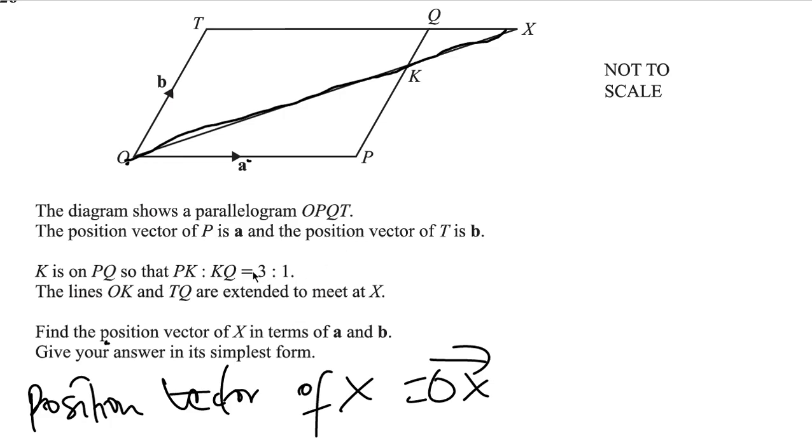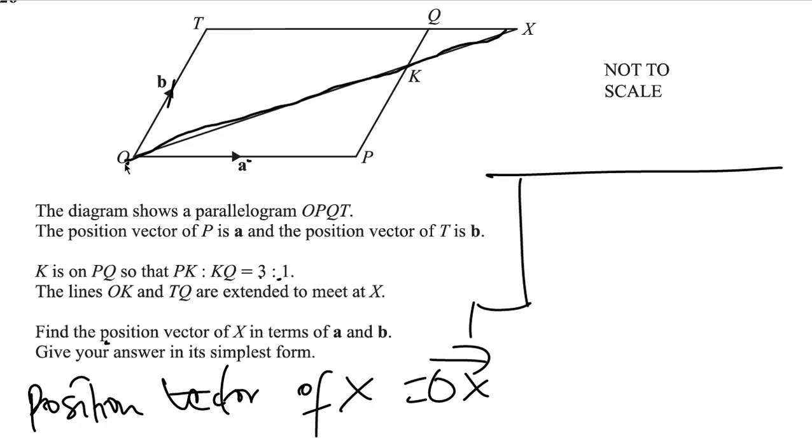So if that is true, remember when we do ratio division, dividing the quantity in a ratio, we have PK to KQ. So 3 plus 1 is 4. And then we have PQ. This is PQ, and this is a parallelogram.